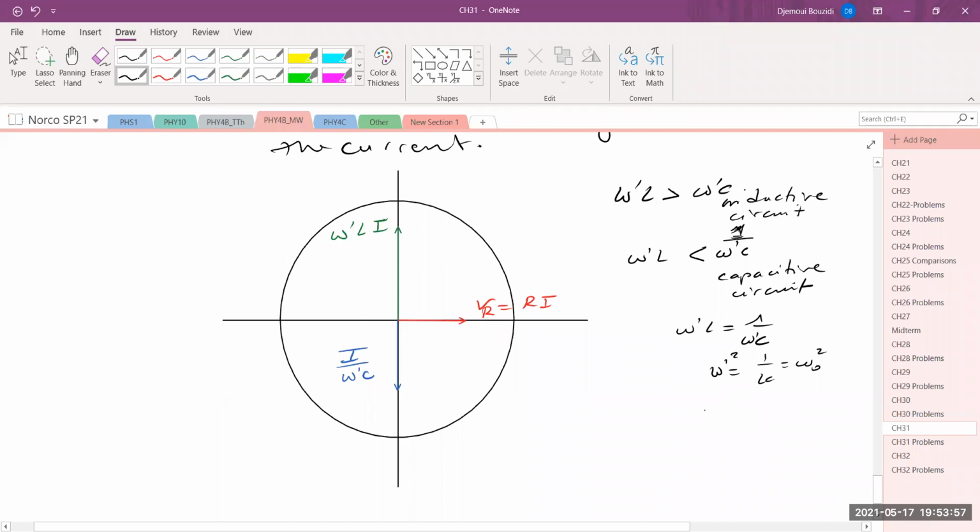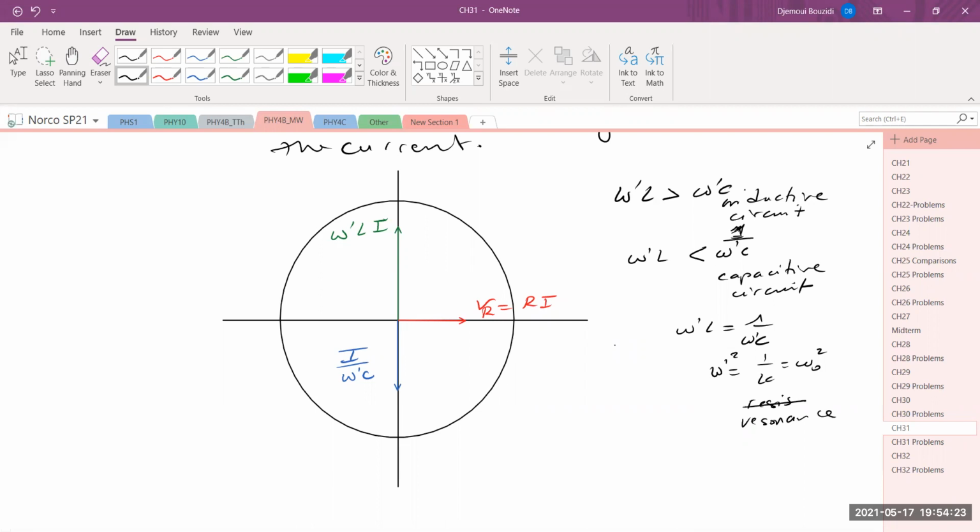So in this case, when omega prime is exactly equal to omega naught, we have what is known as resonance. And in this case, both of them cancel, because this one cancels the other one. And the only thing that is left is the resistance. So this is resonance, period. The only thing that's going to remain in this case is the resistance, okay?